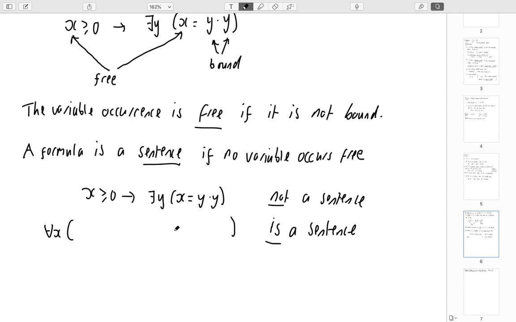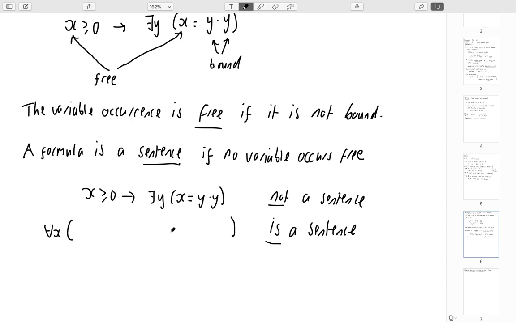So for example, we had the sentence: for all x, if x is greater than or equal to 0, then it's a square number. And as we already commented earlier on, that sentence is true in the real numbers, but false in the rationals and false for the integers too. So sentences express truth values.